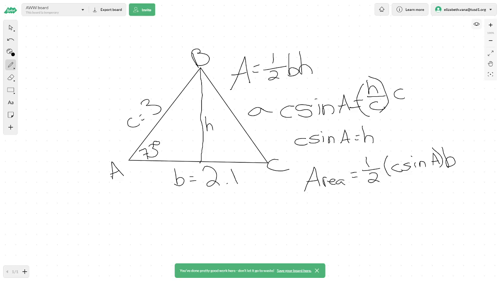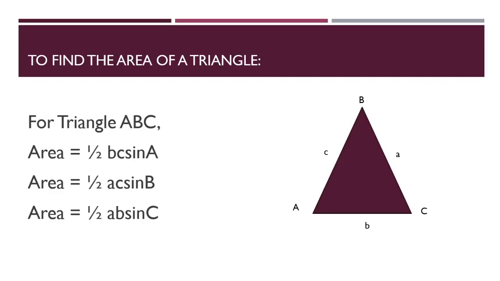Now let's take a look at the areas of triangles using trig functions. So to find the area of any triangle here, you would just take 1/2 times the two sides times sine of the angle.